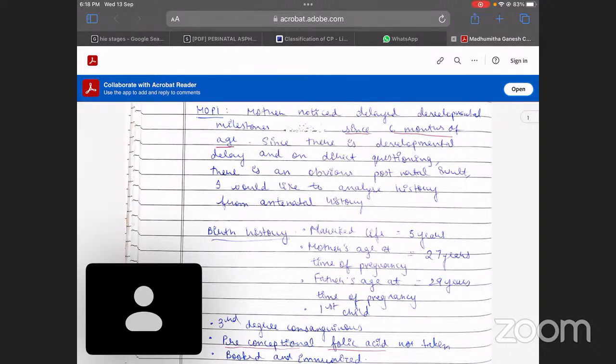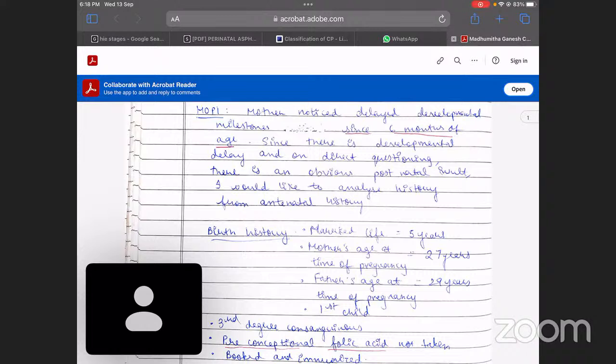For every student presenting any case of CP, if you are confident that, as per your history, there was an insult, then you can start from the birth history. The examiner will become very perplexed when you start this way, because they know that you know the concept. So this is one of the tactics you should know.